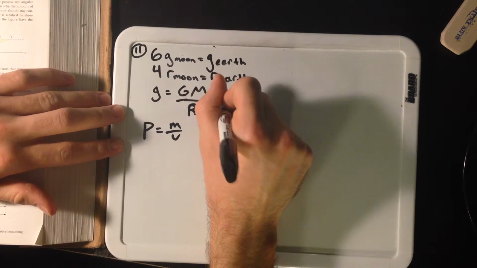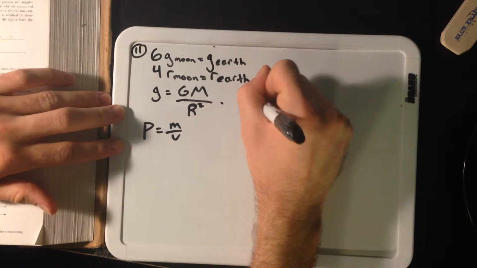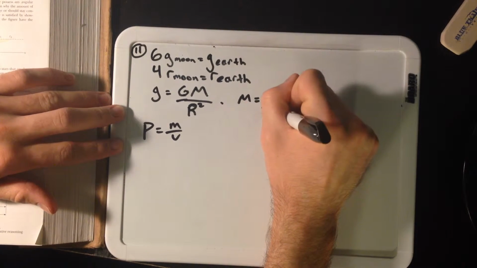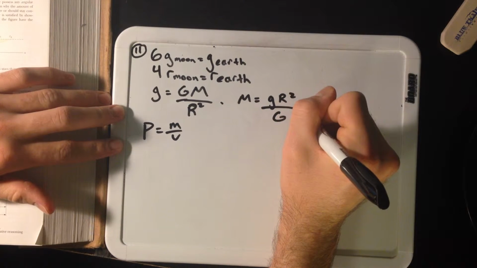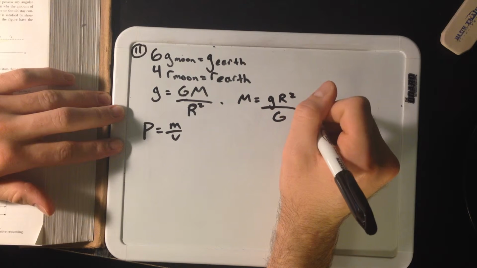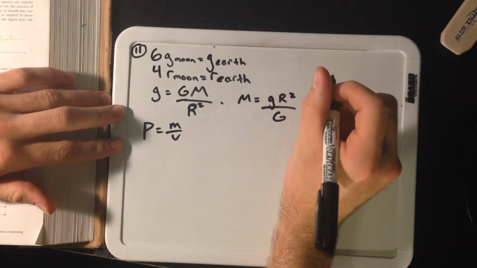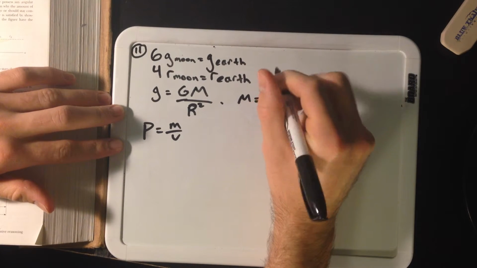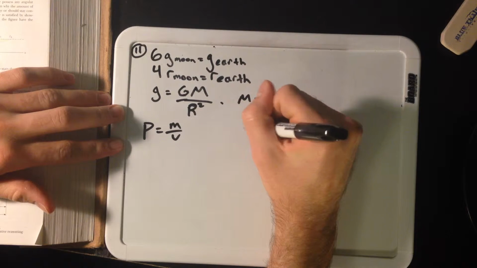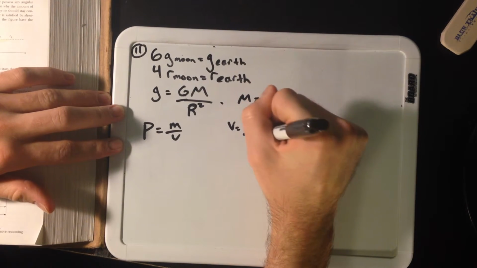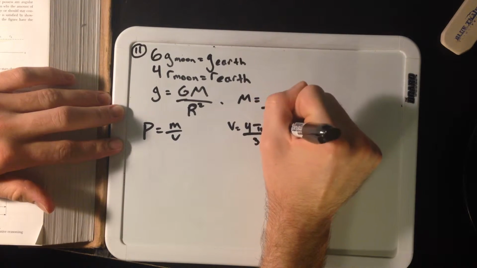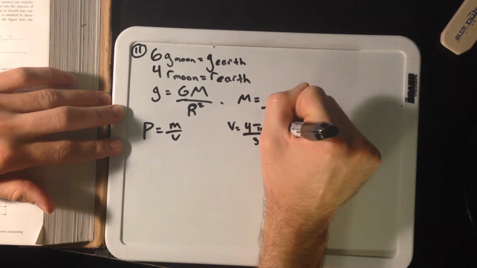Rearranging the acceleration equation, we get M is equal to g R squared over big G. Then our volume is, well, we're assuming they're perfect spheres, so our volume is 4/3 pi r cubed.